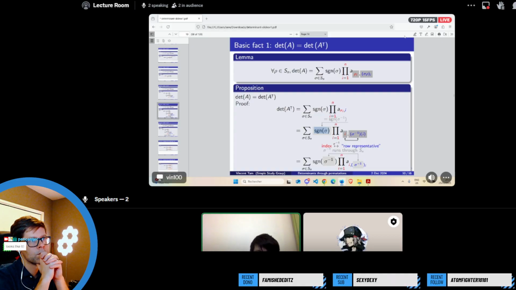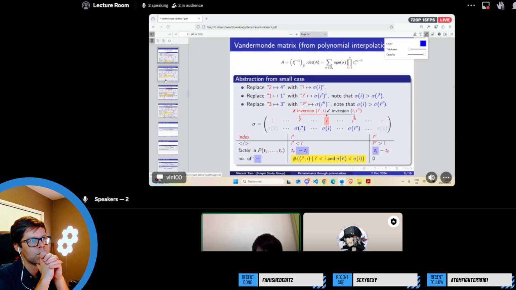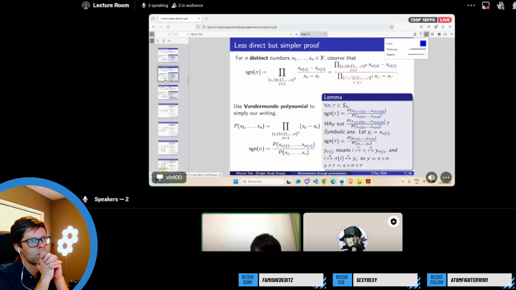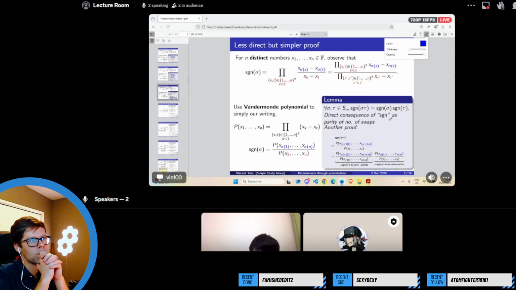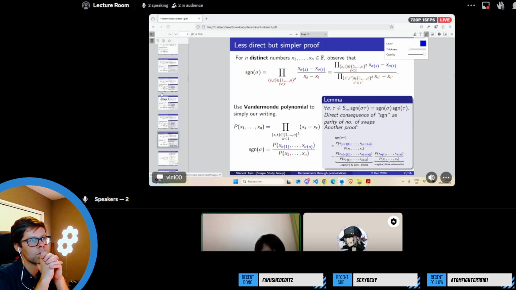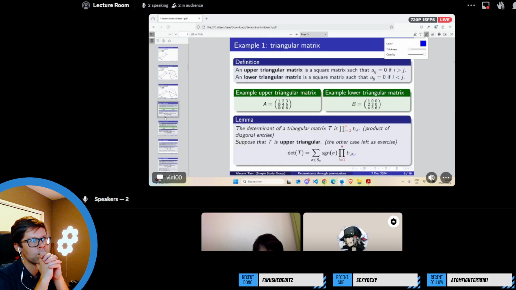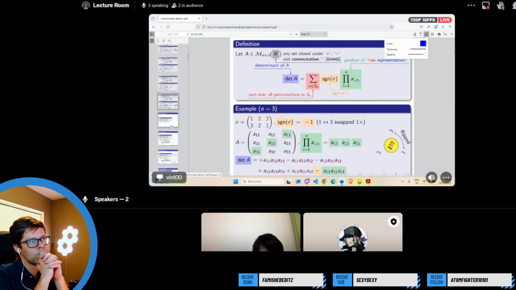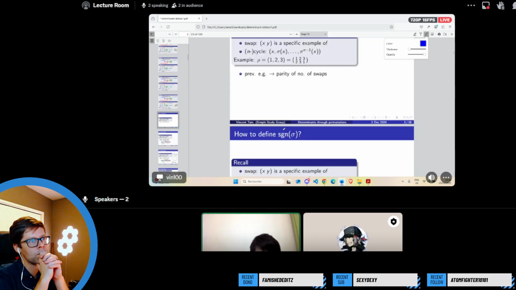It's not due to a fact that we have proved earlier. You don't need to prove this so-called lemma. This is just a practice of Vandermonde polynomial. It comes from our intuition about the sign function as the parity of the number of swaps.